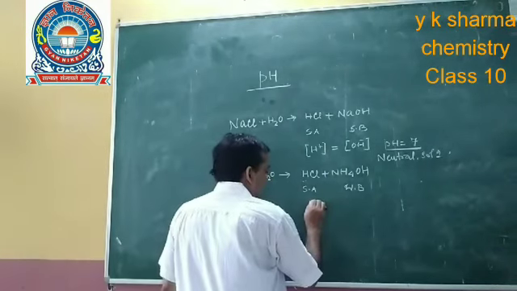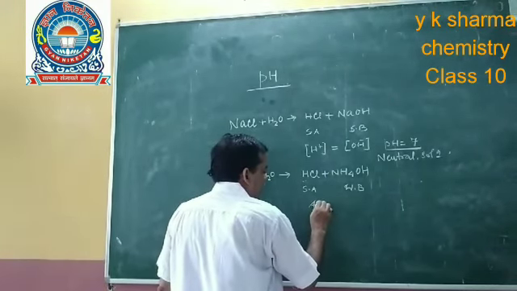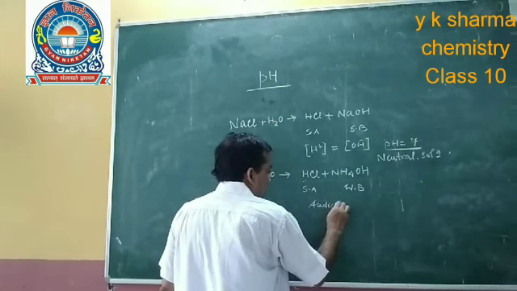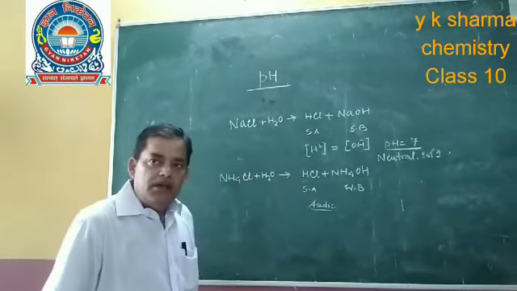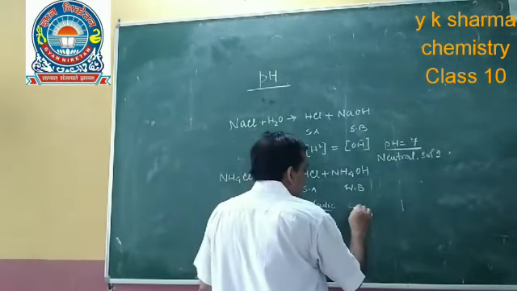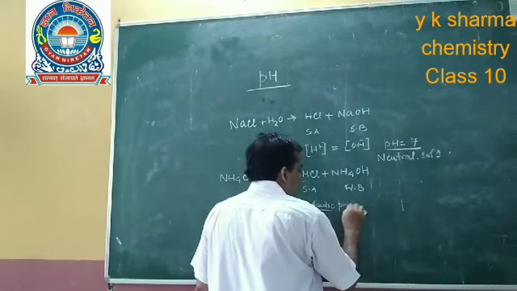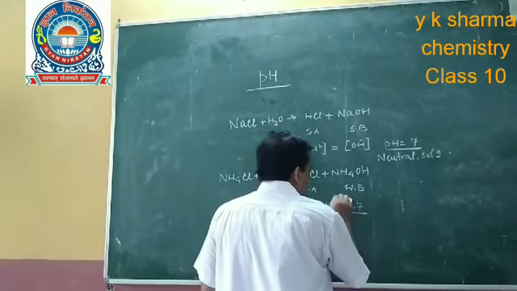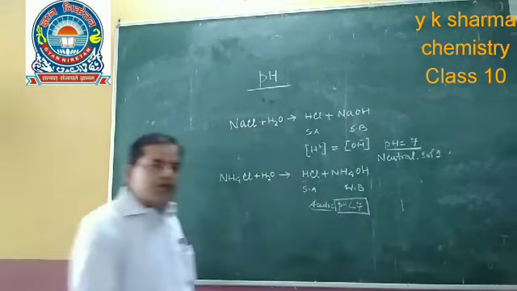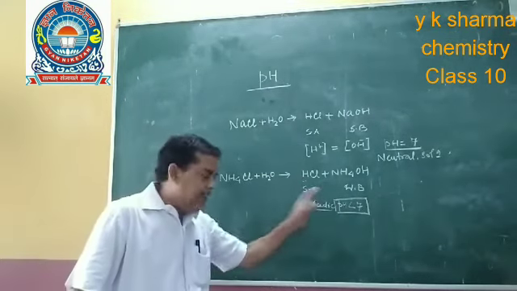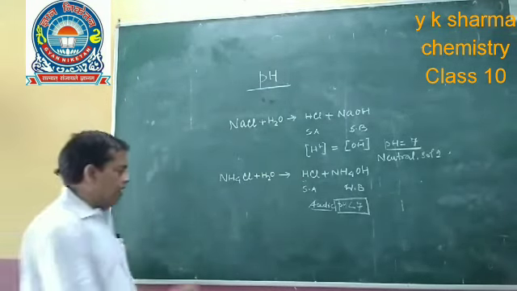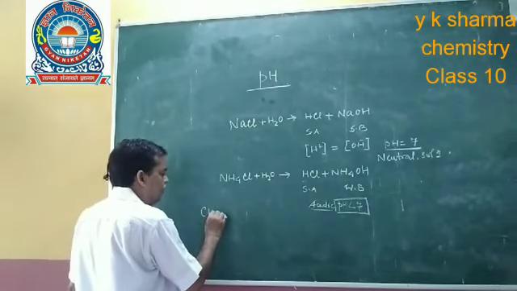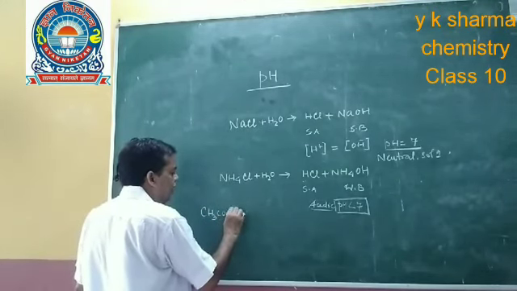So the nature of the solution is acidic, and as a result the pH will be less than 7. So the solution will be acidic. It is clear? Okay.